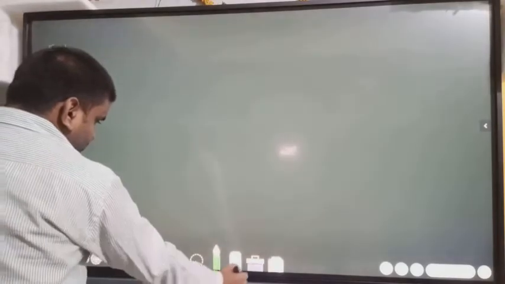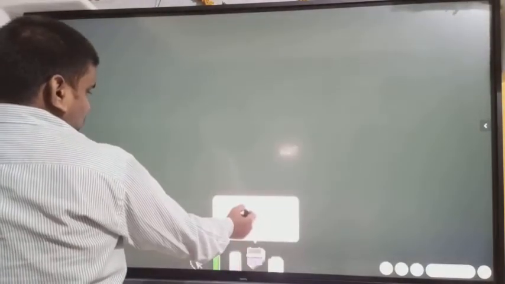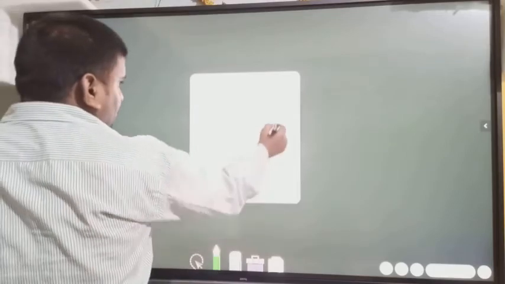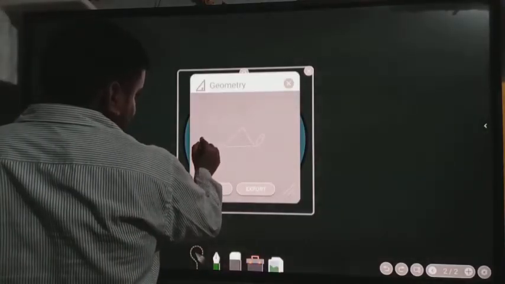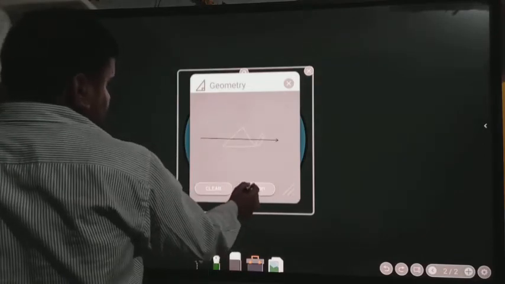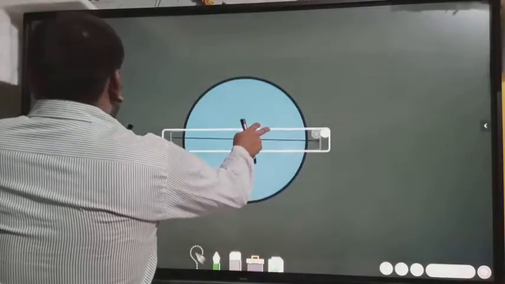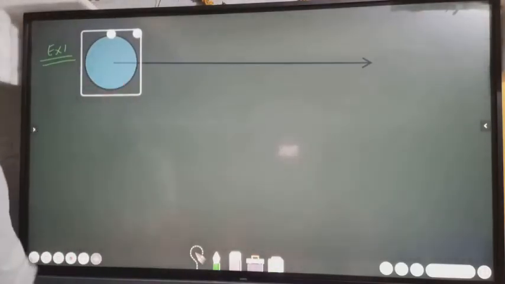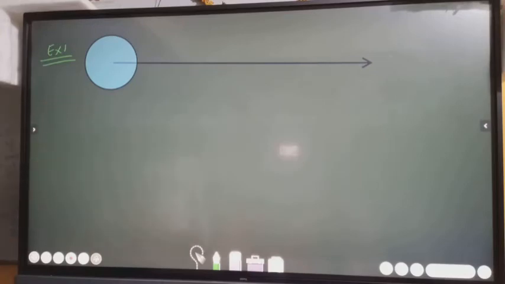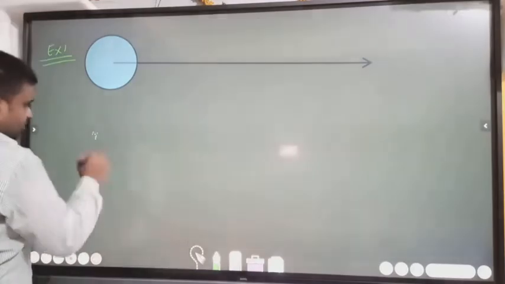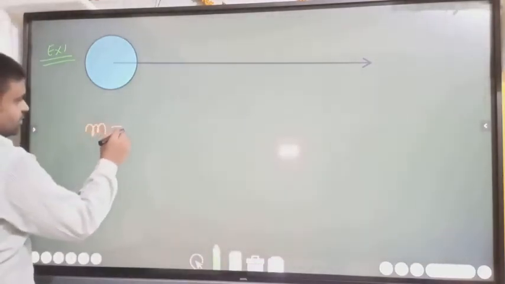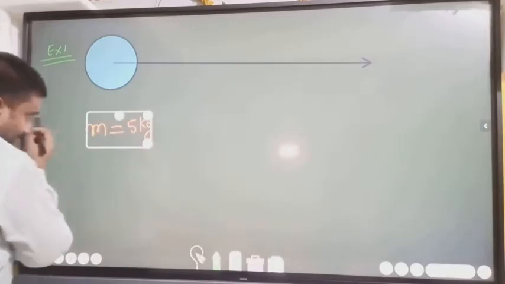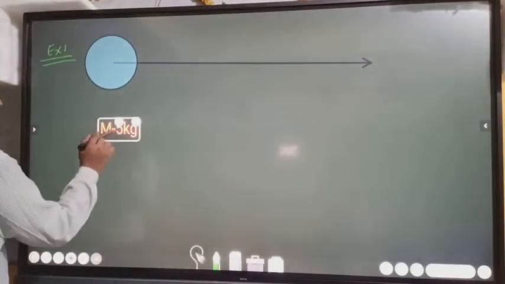Again a body is given to you. The mass of this body is 5 kg.